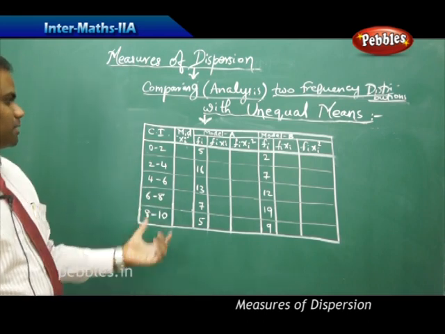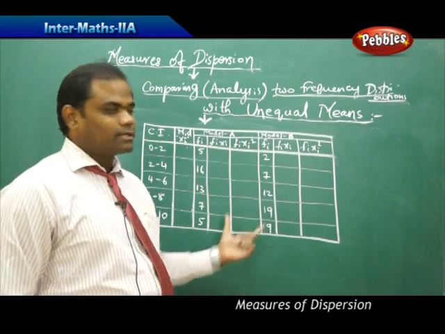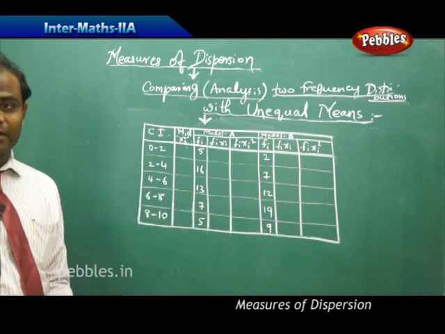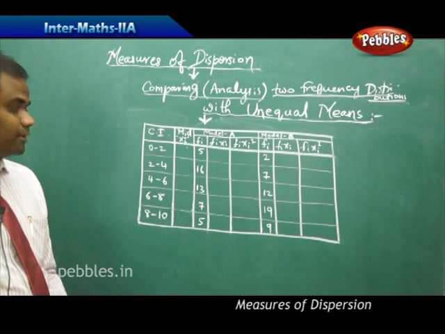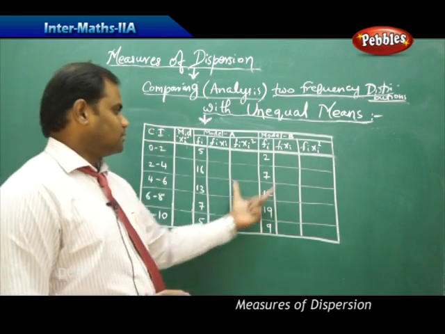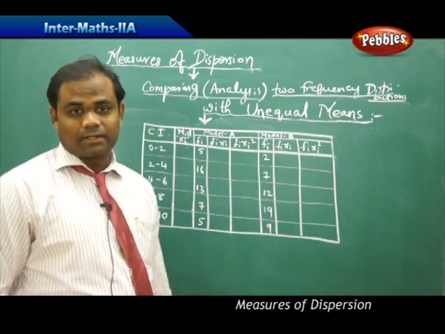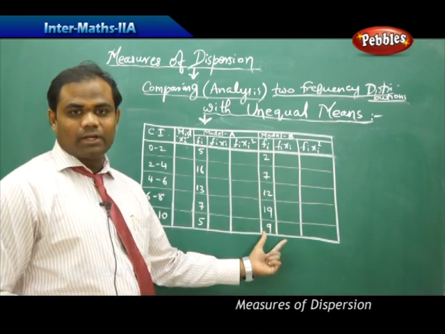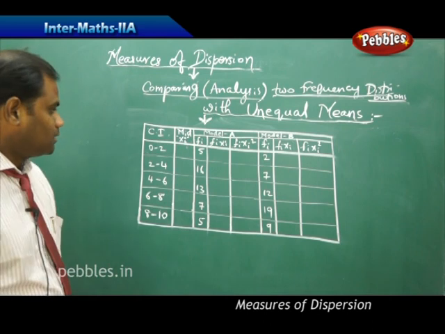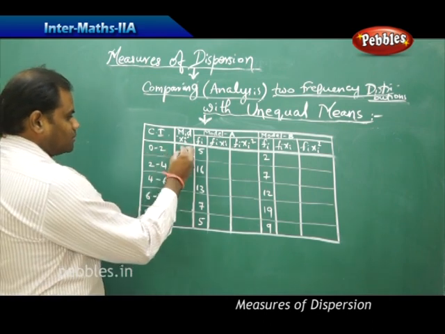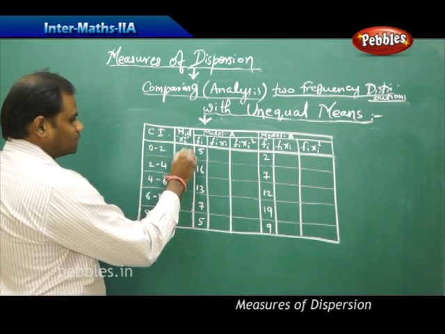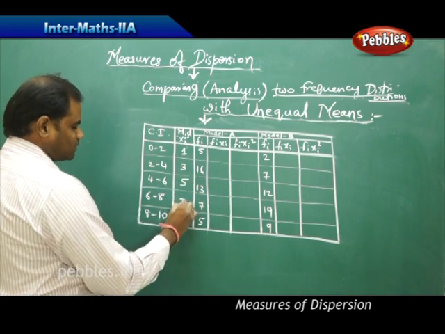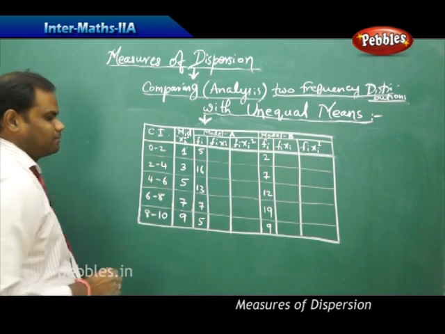Now, as we take the table for model A of the refrigerator and model B of the refrigerator, because I need to find the mean and standard deviation, I need to classify the table with all its respective contents. The class intervals and frequencies are given for both model A and model B. Initially I find the mid value of each class interval: for 0 to 2 it is 1, then 3, 5, 7, and 9.